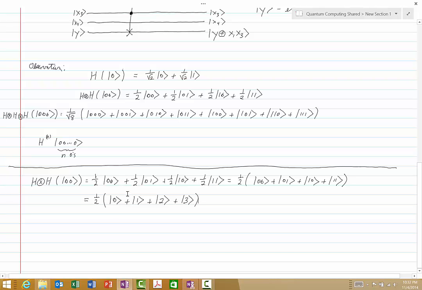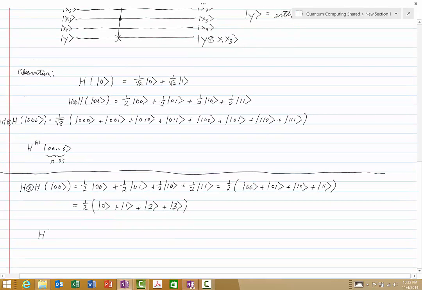And so continuing with this, then what we can say is that H2 acting on 0, 0 is equal to 1 over the square root of 2 squared times the sum from x equals 0 to 2 squared minus 1 of x.